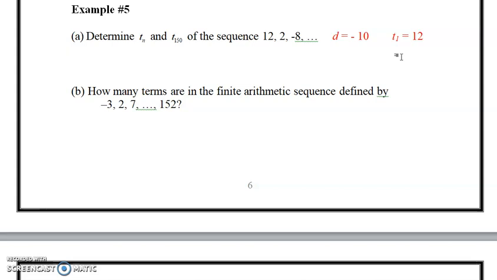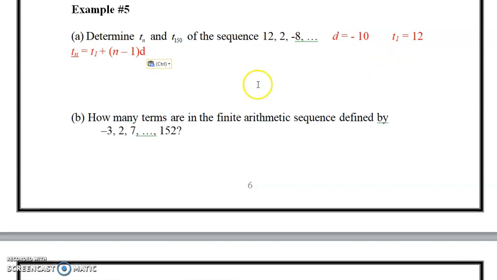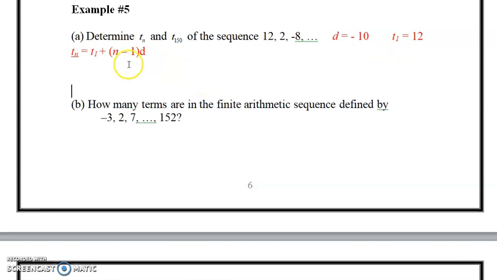So the first thing we're doing is we're just looking for the general term. The general term is given by the formula Tn is equal to T1 plus n minus 1 times d. So we're going to fill in what we have.